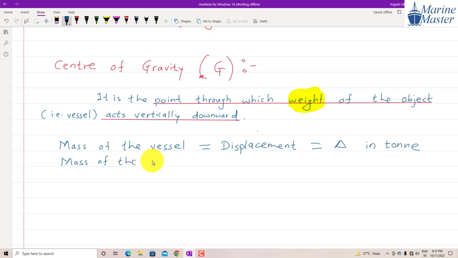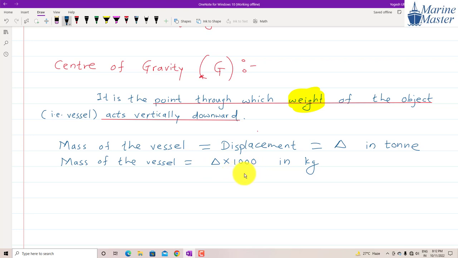How do we convert this displacement in tons into kilogram? We multiply delta by 1000, and we get the mass of the vessel in kg. So we got the mass of vessel: displacement multiplied by 1000.